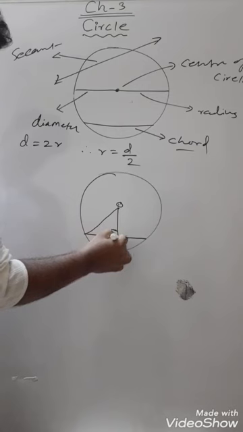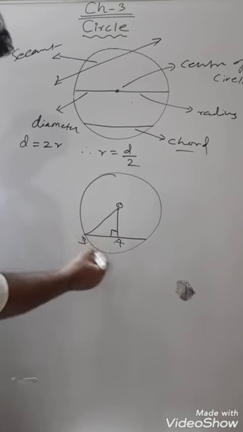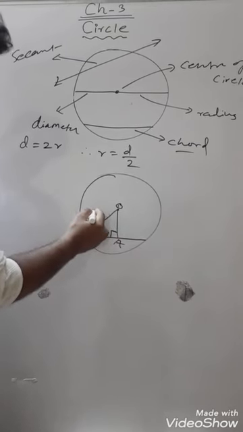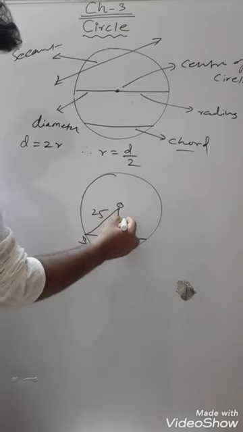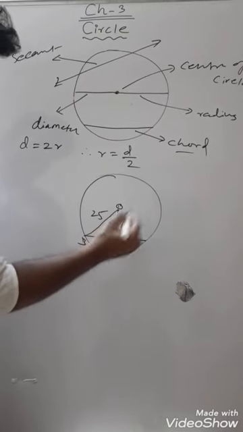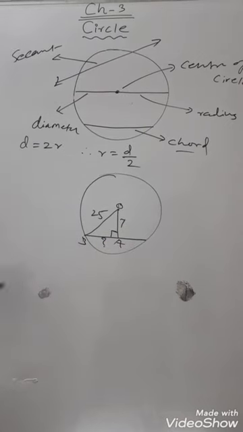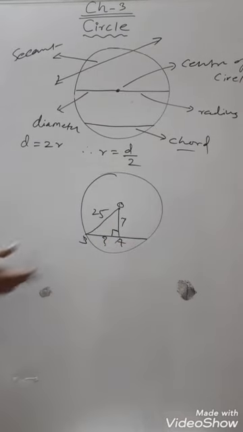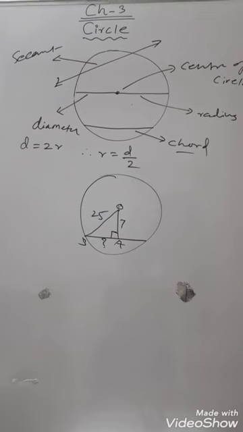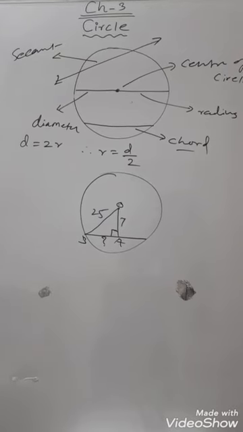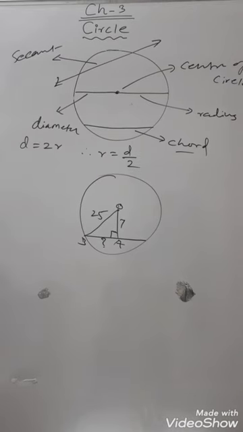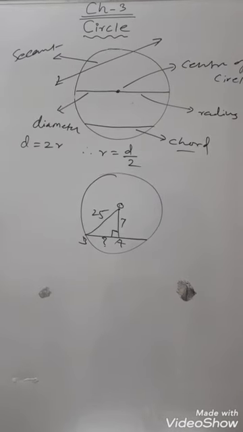Suppose this one O, this one A, this one B. So OB is given. Suppose this one is given as 25. This one is given as 7. And this you have to find out. So how do you find it? You can use Pythagoras theorem. So these are the basic things in the circle, and we are already familiar with all this.